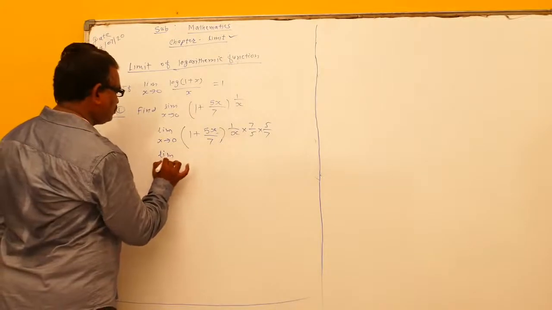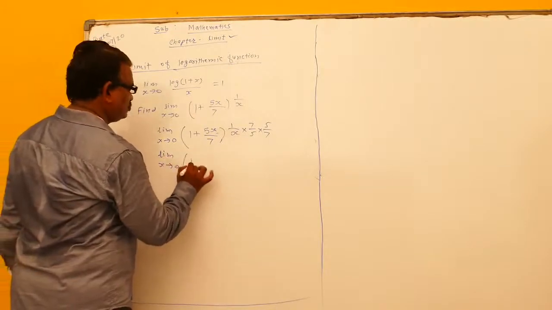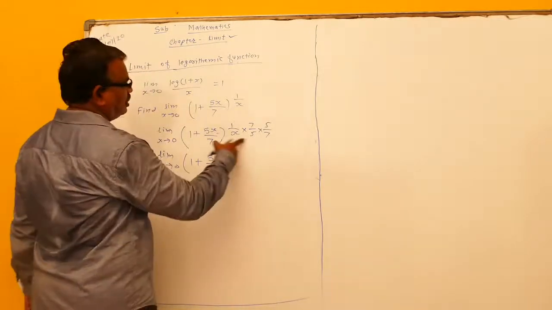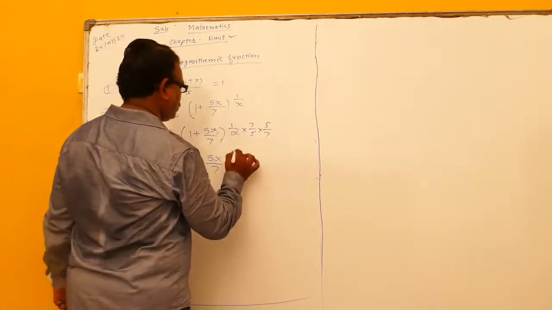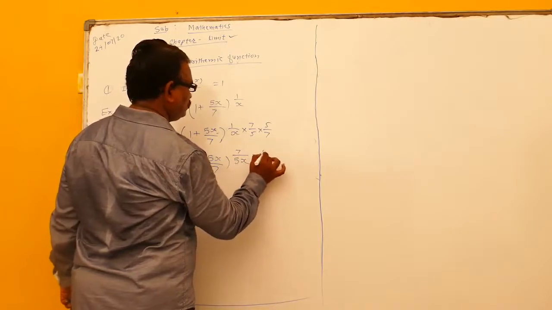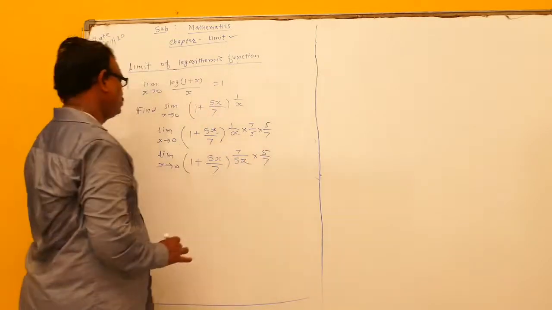Next is limit of x tends to 0, 1 plus 5x divided by 7. 5 is multiplied here, that is 7 by 5x into 5 by 7.